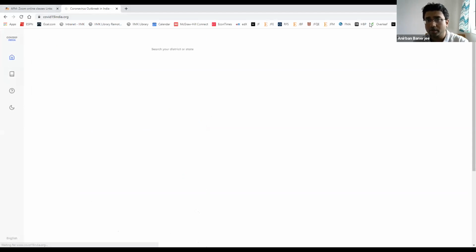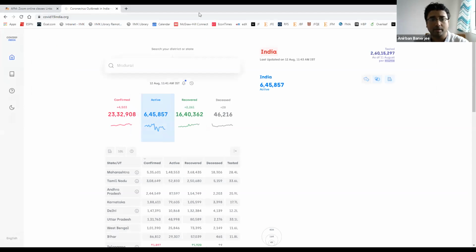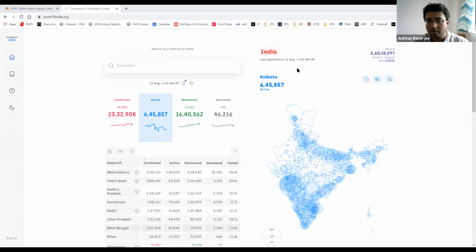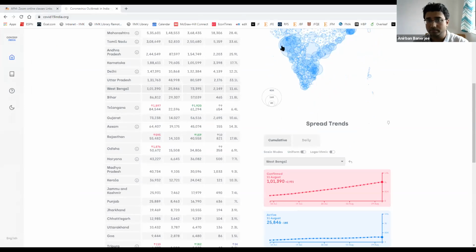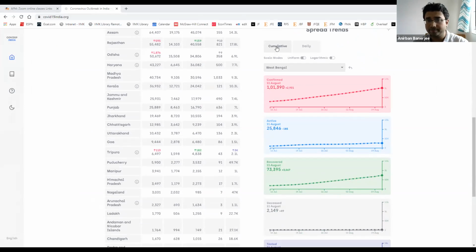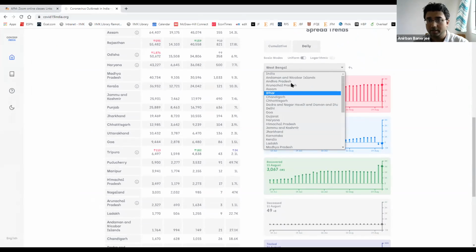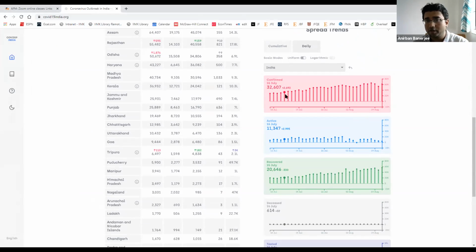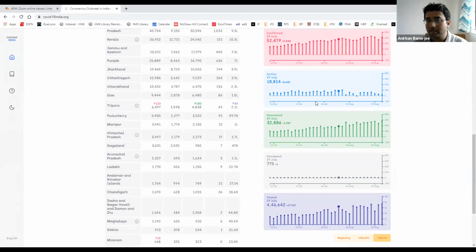I hope all of you can see my web browser. You must have seen this data, so I'm not talking about the source of this data. Forget about cumulative. Let's look at daily. India. So confirmed number of cases. Definitely, this is not active cases. Is this stationary?